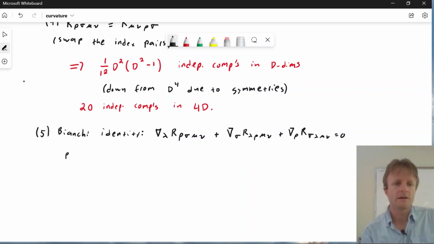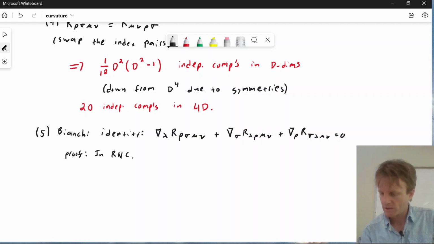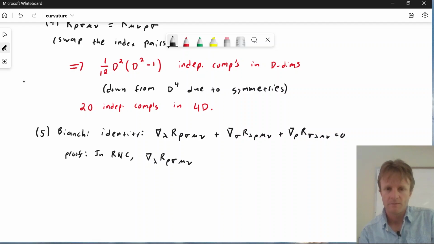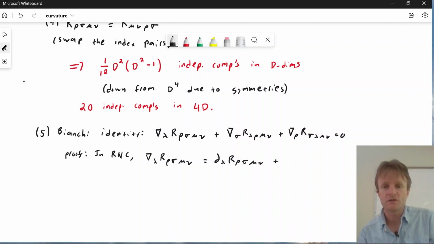So let's see why. Same thing. The proof is, again, we go to our special coordinate system, Riemann normal coordinates. We realize that in the Riemann normal coordinate system, del lambda R rho sigma mu nu could be written out as partial lambda R rho sigma mu nu plus a bunch of terms involving Christoffel symbols times Riemann.